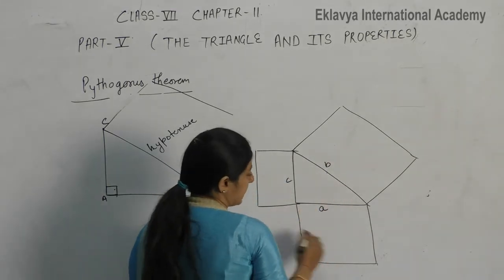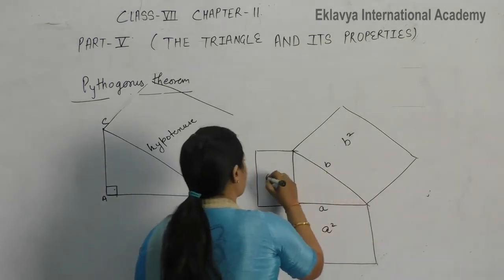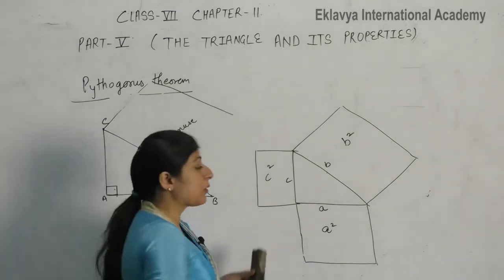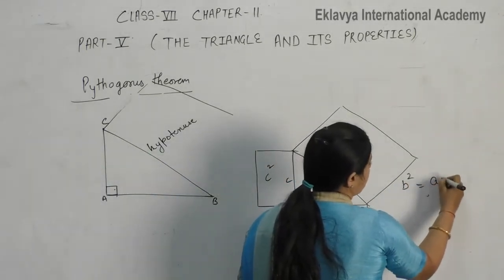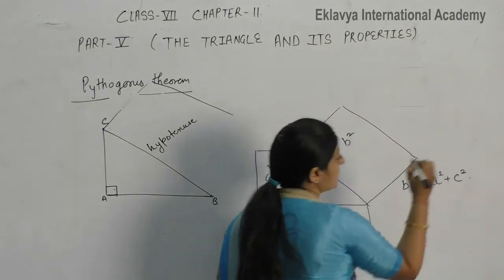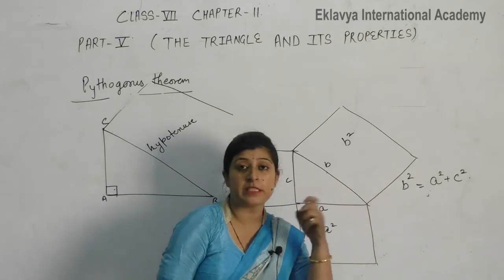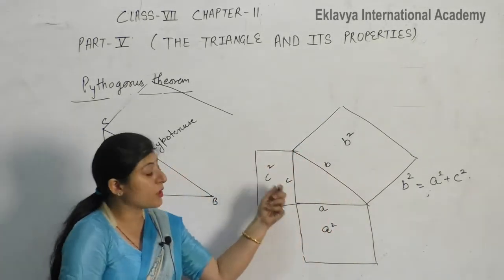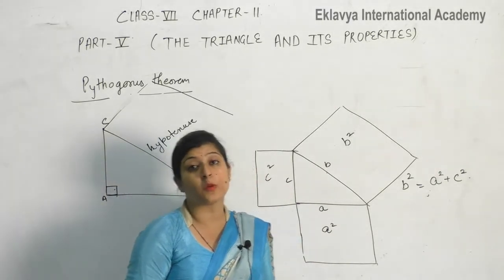Suppose side A, then the square on it is A square, this one B square, this one C square. When we calculate, you find that B square becomes A square plus C square. It means the area of the square made on the longest side is equal to the sum of the areas of the squares on the smaller sides.